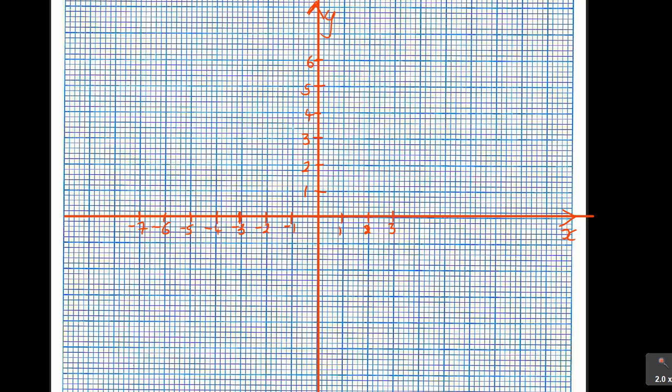I do the same going down, but you can see they are a little bit bolder after 5 squares. So that is -1, -2, -3, -4, -5, -6. Maybe if you utilize the full graph paper, you're going to jump for every 10 squares.